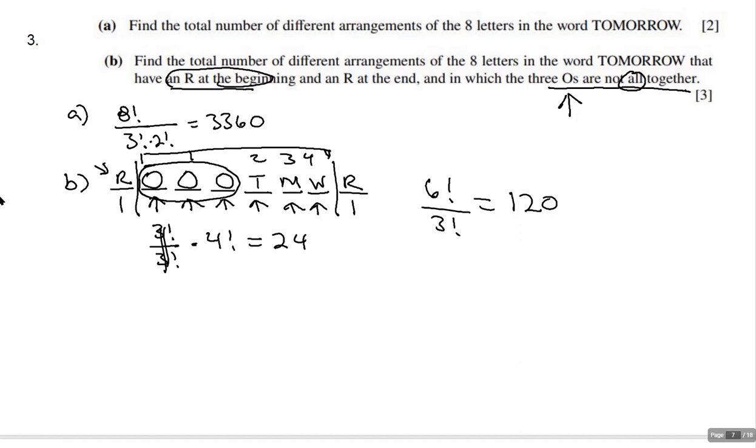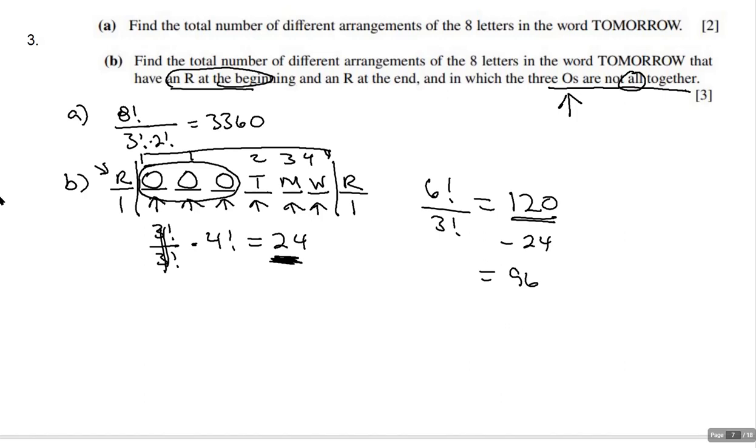So OOOTMW can be arranged in 120 ways, and 24 of those ways have all 3 O's together. So if I want to know the number of ways where all 3 O's are not together, I have to subtract 24. What's 120 minus 24? 96. There you go. Okay?